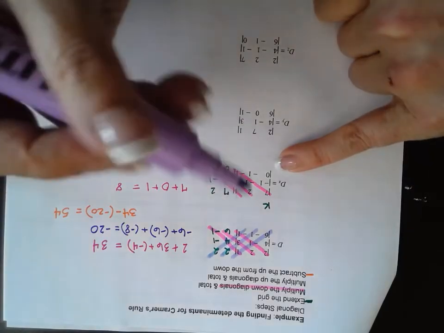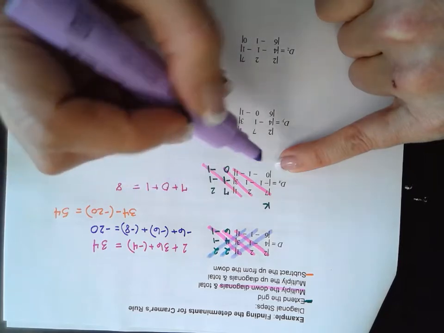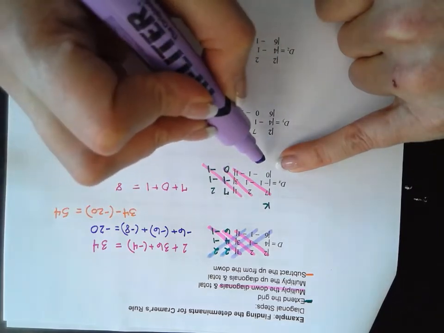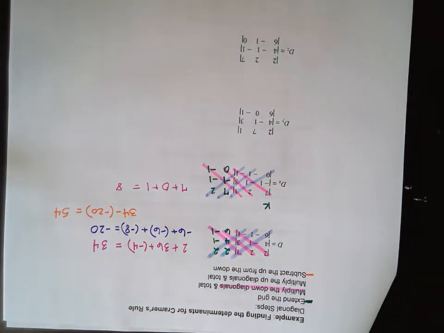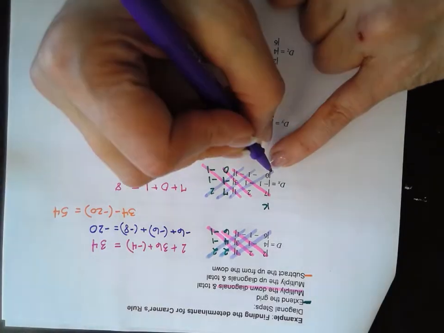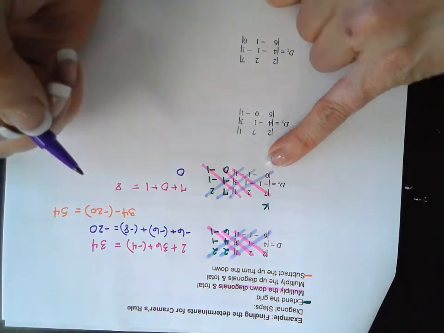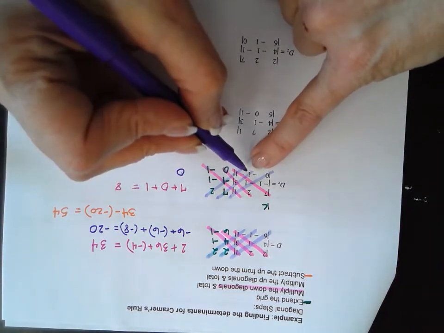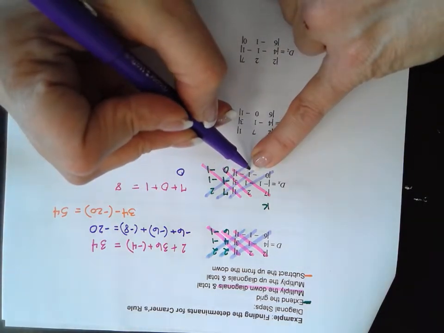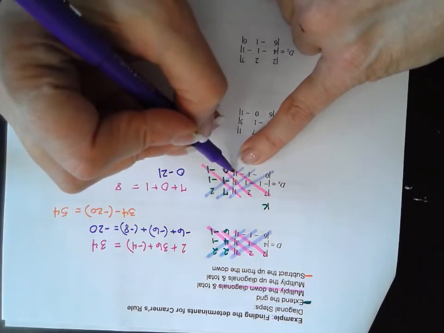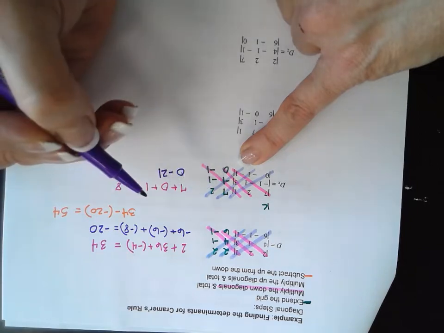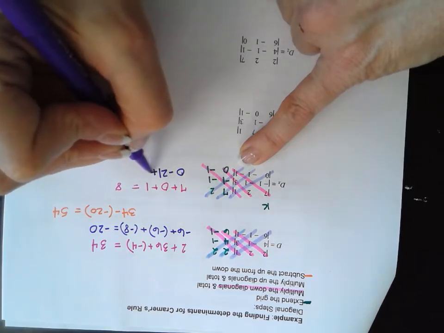All right, so now let's go up the diagonals. So I'm going to have this one, and that one. So my first one's 0, because anything times 0 is going to give me 0. My second one, I have -21. And my third one, I have 2.